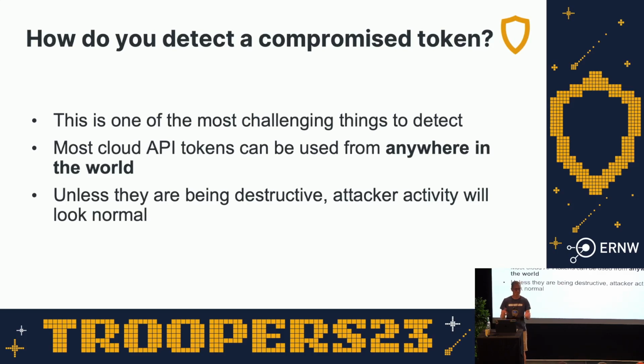It just says there was a successful authentication with this token, which we see thousands of times a day from all over the world because we've got 60 different cloud regions. It's very challenging to detect, especially if the attacker is being sneaky. Sometimes you get those crypto attackers where within seconds they spin up crypto miners on all your VMs. Great, thanks.